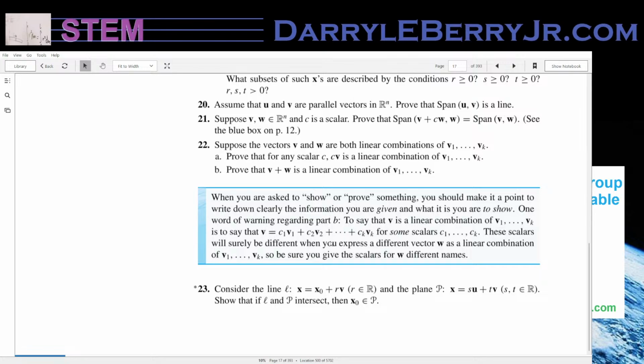You can see how they both have an X, so it's almost like a hint. But since they intersect at some point, the line and the plane have to meet. That's always the case. So I can say X0 equals SU plus TV minus RV.